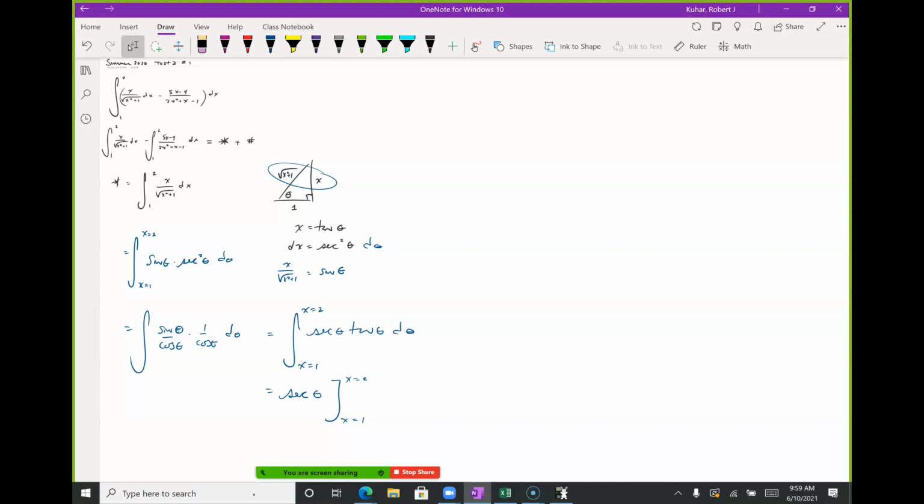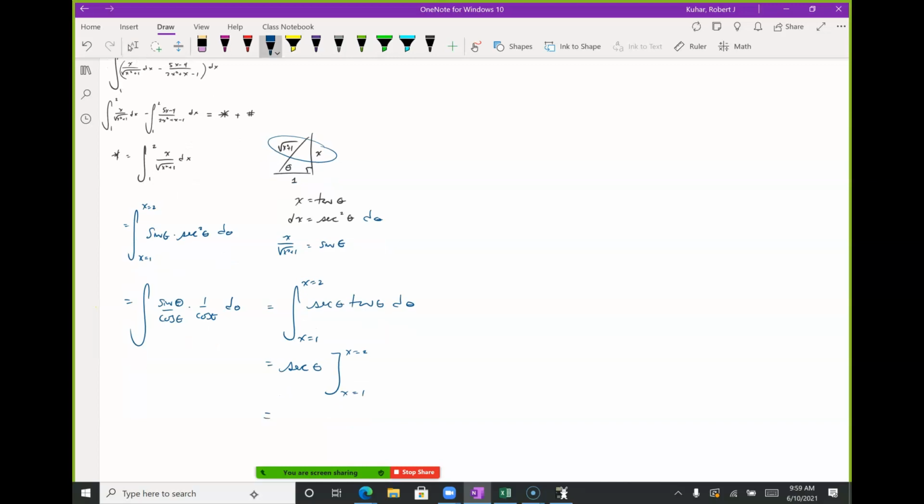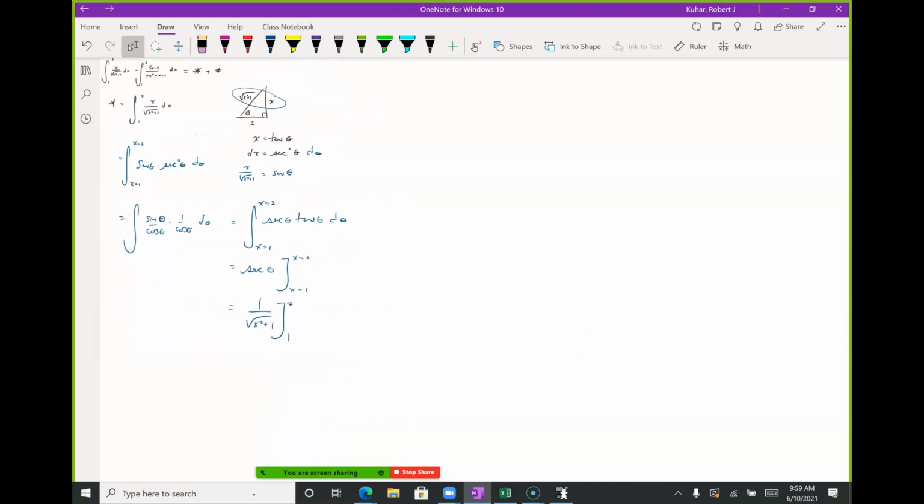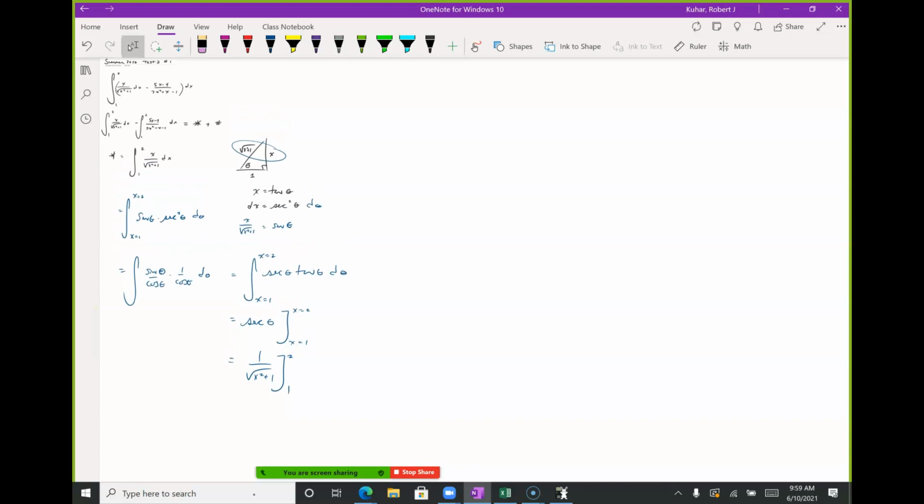Once I get my antiderivative, I'm going back to my triangle. And that's where I'm saying don't convert your bounds. Go back to x's. And secant here is simply 1 over the square root of x squared plus 1. And I'm going to evaluate it from 1 to 2. Let me know where we are here.